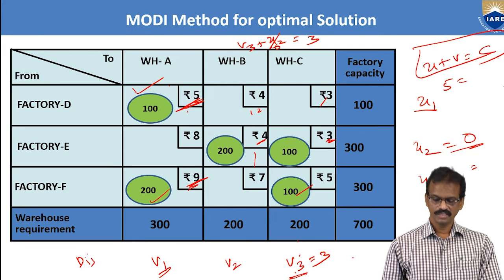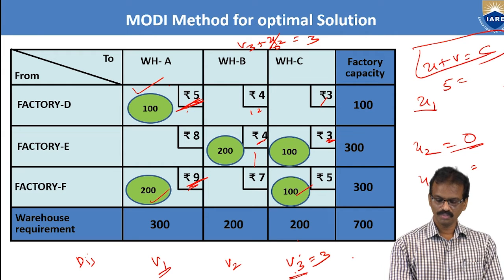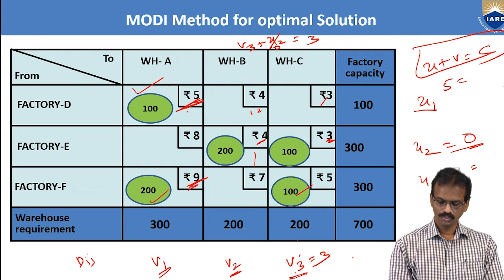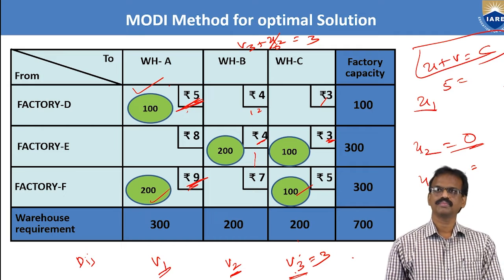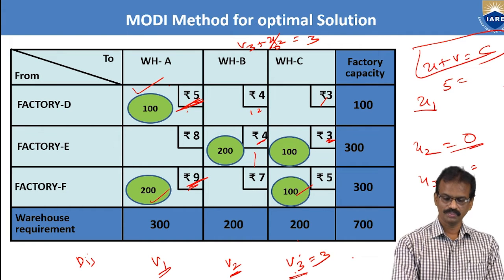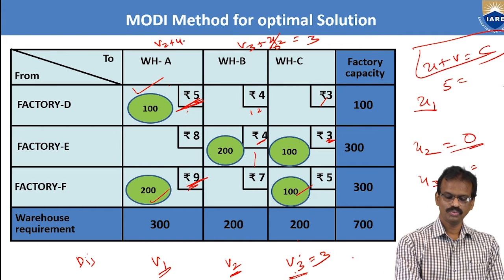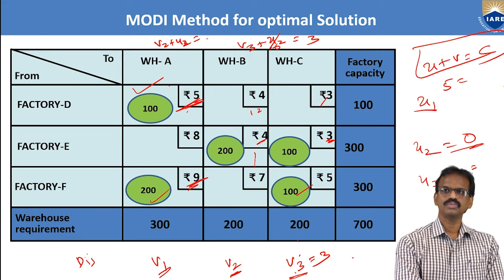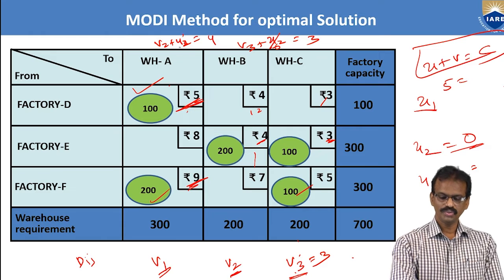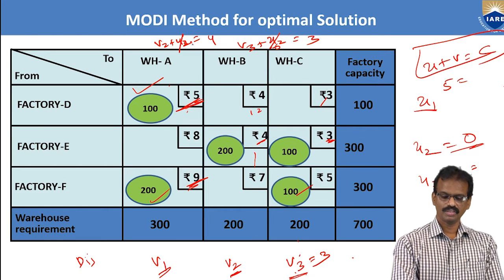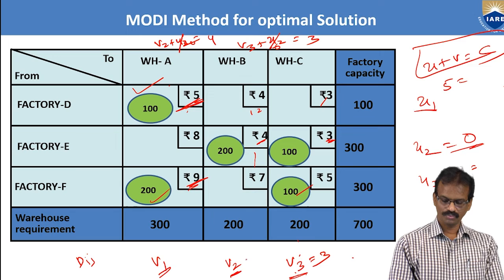Similarly, for this 4, that is v2 plus u2, so v2 plus u2 is equal to 4. Here u2 is already taken as 0, so v2 is equal to 4.